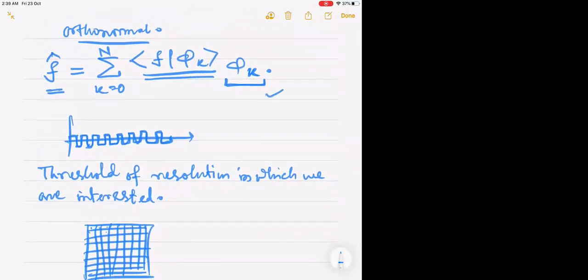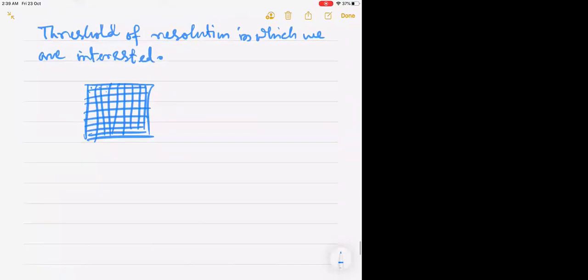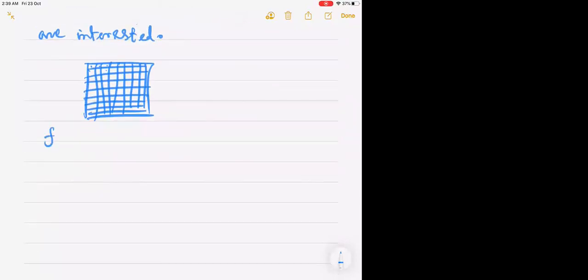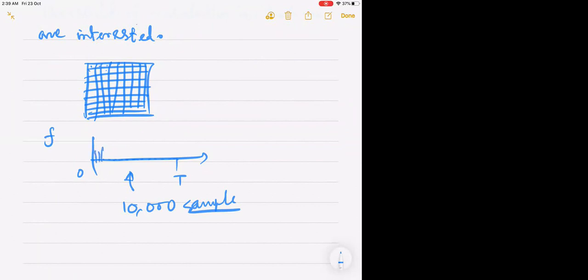So somebody gives me an f, defined over t. Suppose there are, let's say, 10,000 sample points, then 10,000 pixels. For each of those pixel points or data points, I have a data value, which is like a huge storage.